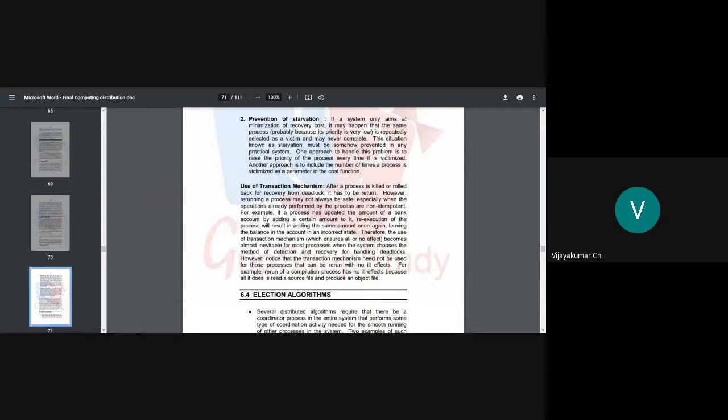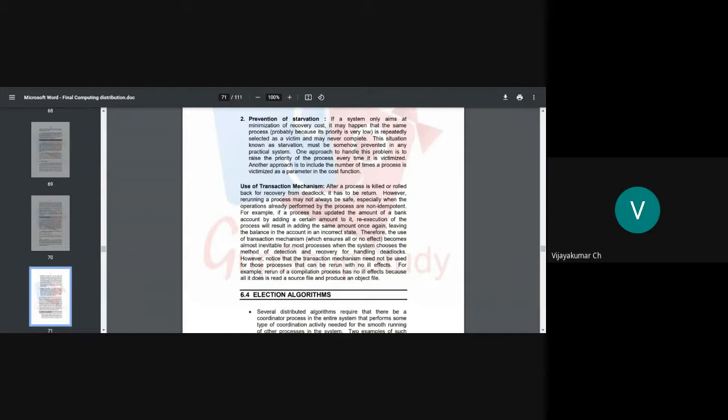However, rerunning a process may not always be safe, especially when the operations already performed by the process are non-idempotent.